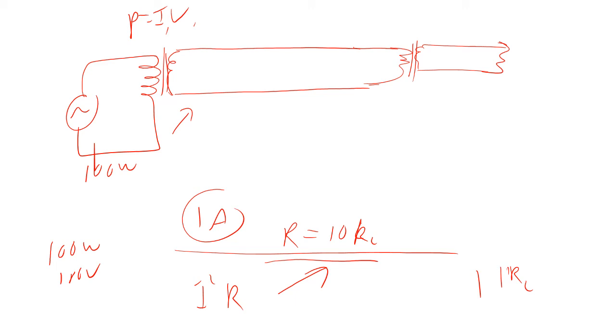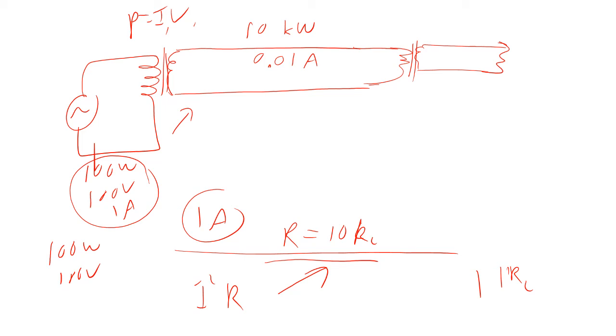But if we instead go to 10 kilovolts, then that voltage is going to be 100 times more, so the current is going to be 100 times less. That means 0.01 amps. So 0.01 amps times 10 kilovolts is going to be the same as 100 volts times 1 amp.